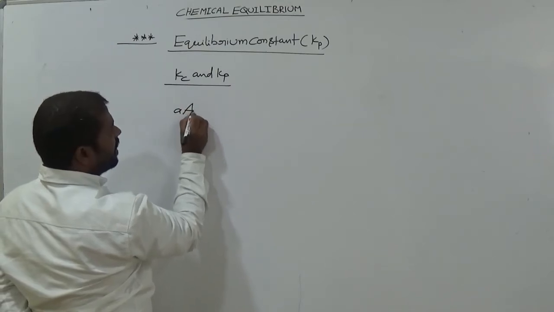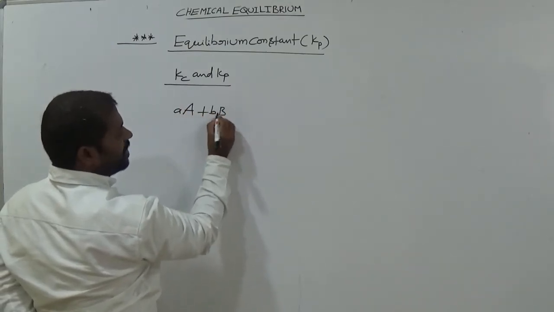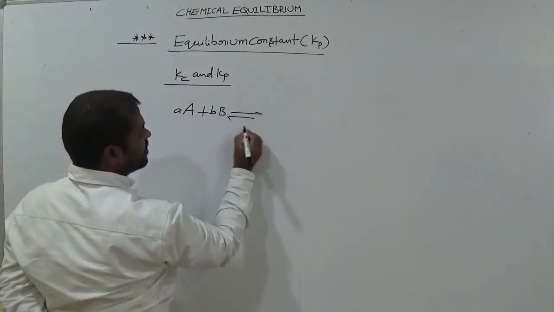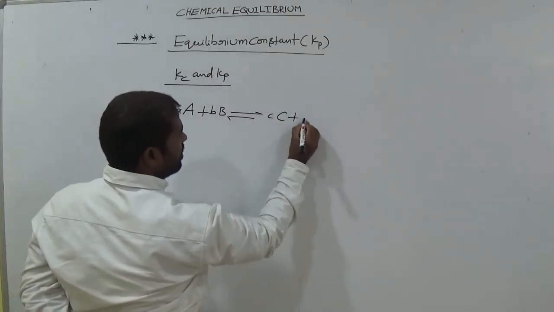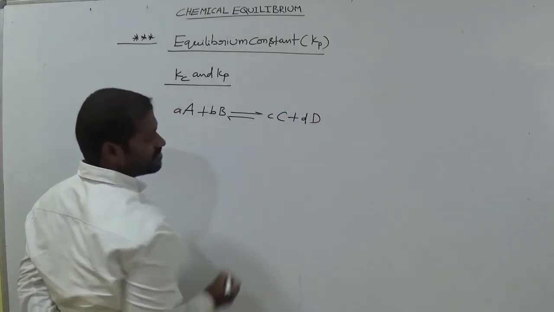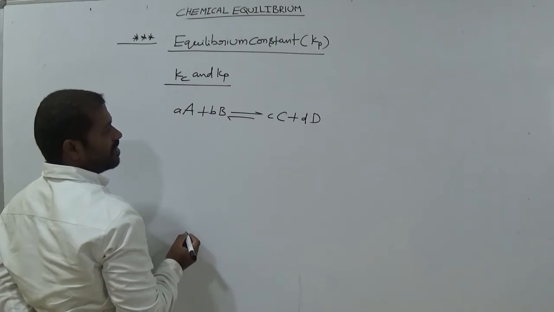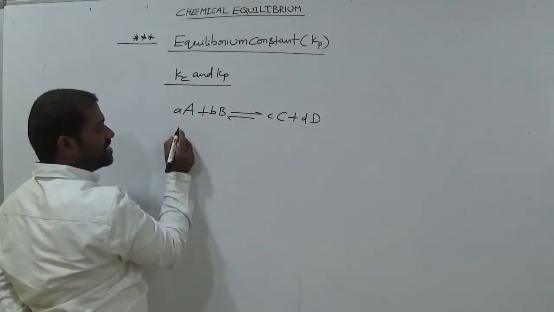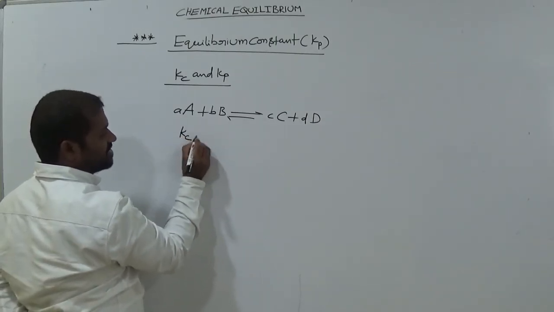Let's consider the reaction: a moles of A plus b moles of B reversibly gives c moles of C plus d moles of D. For this, what is the equilibrium constant expression Kc?